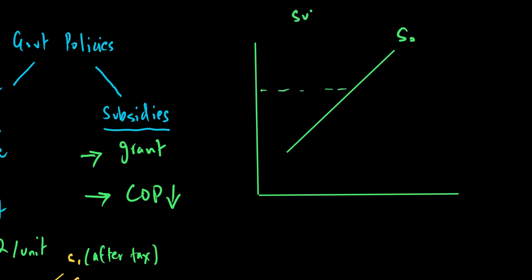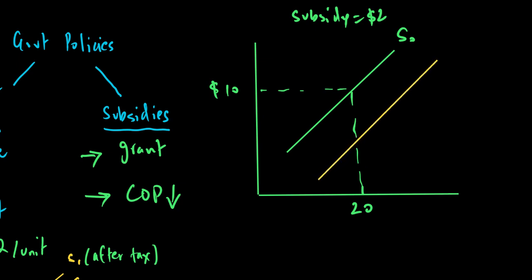So let's say the subsidy is $2 as well, and previously I was charging $10 per unit and making 20 units. Now with the subsidy of $2, the supply curve will shift to the right, and this vertical distance AB tells us the reduction in cost because of the subsidy, because now the cost will be $8 per unit for the same 20 units.